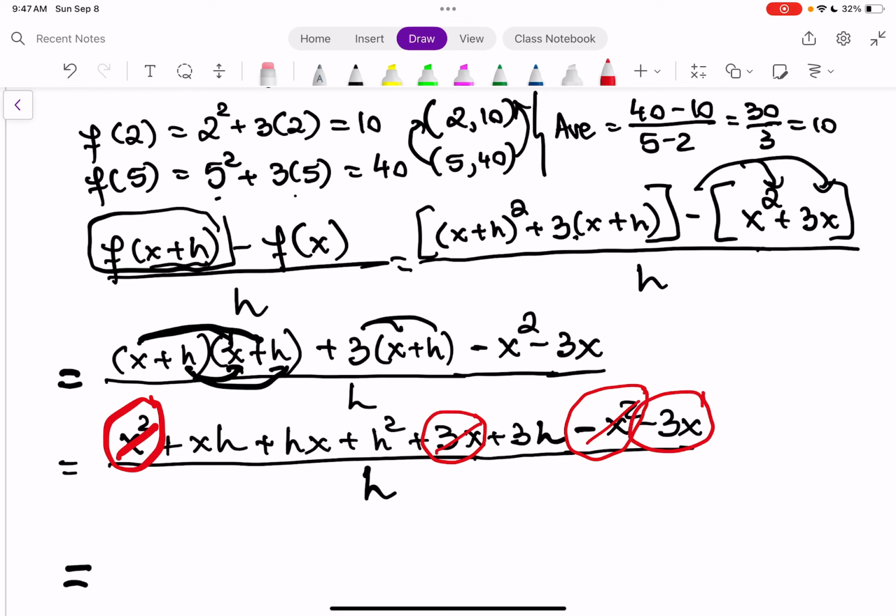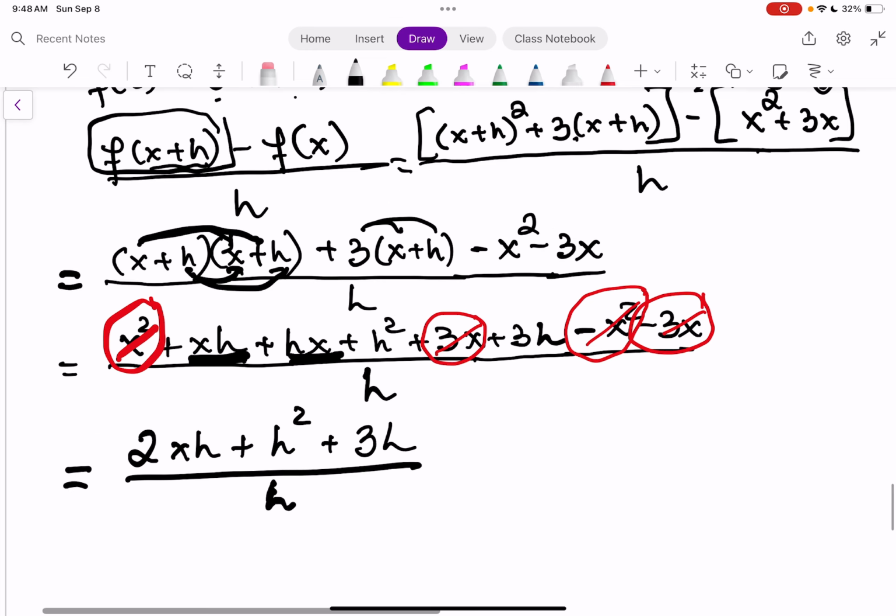So 3x minus 3x, that's just 0 x's, which is 0. And then the other like terms I have, by the way, hx and xh are one and the same thing because multiplication is commutative. So it doesn't matter in which order we multiply these terms, they're going to give us the same answer.